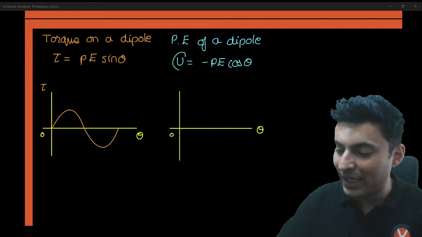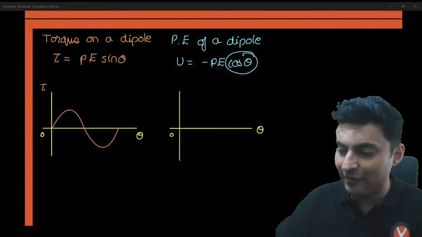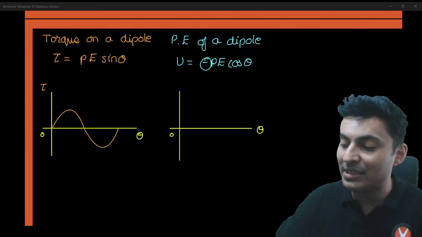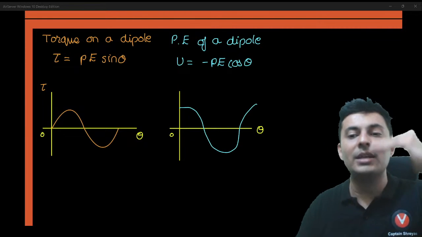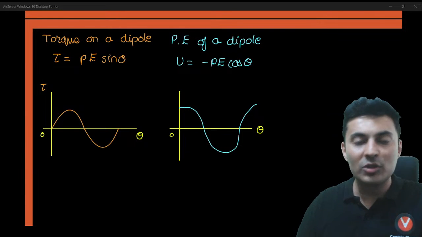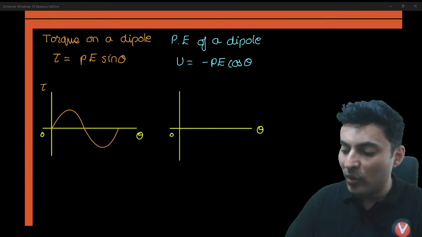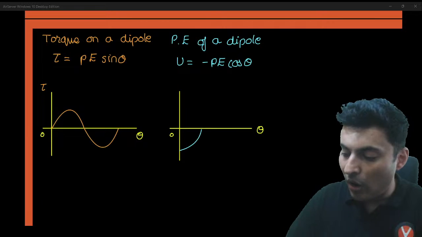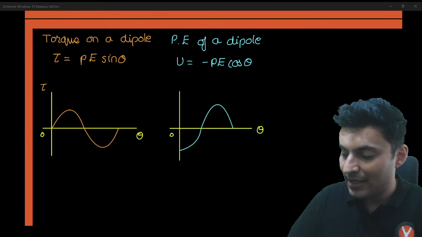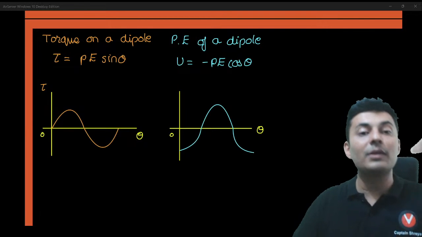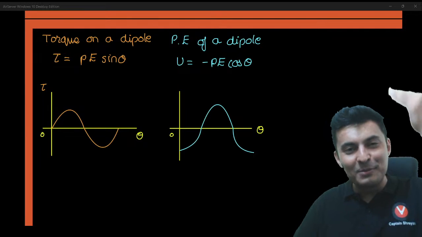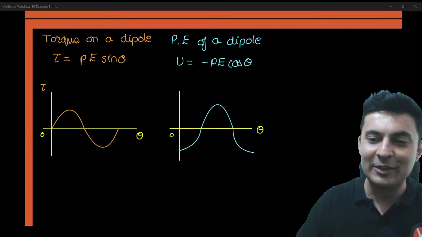Whereas for potential energy, it's a cos graph, but be a little careful because it's a minus sign. The usual cos graph starts from a positive value, then goes to negative, and then comes back to positive. This will be the opposite of that. So it starts from negative maximum, then goes to 0, then positive maximum, then comes to 0, then negative maximum.